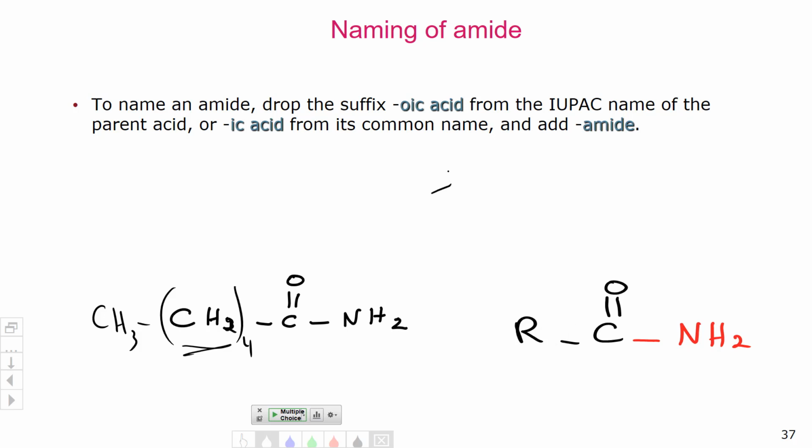So this translates to NH2, 1, 2, 3, 4, and the methyl. So 1, 2, 3, 4, 5, 6. So hexanoic acid, I cross out the oic acid and replace it with amide. So hexanamide, and in all of them, we don't say where the amide is because it has to be carbon number 1.